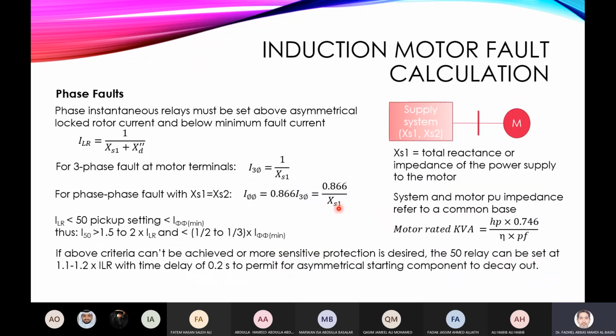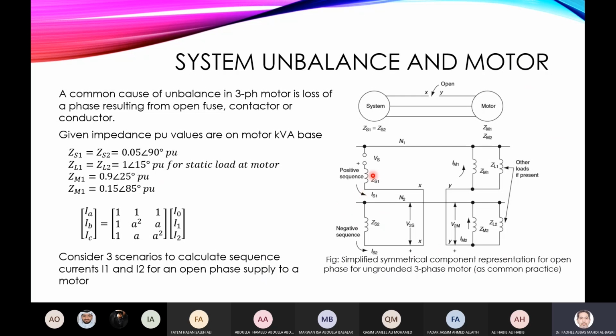The second thing I would like to explore is what happens if I lose a phase. This is an imbalance situation, and I want to analyze it. To analyze an open phase, we draw the positive sequence impedance network, the negative sequence network, and the zero sequence network.